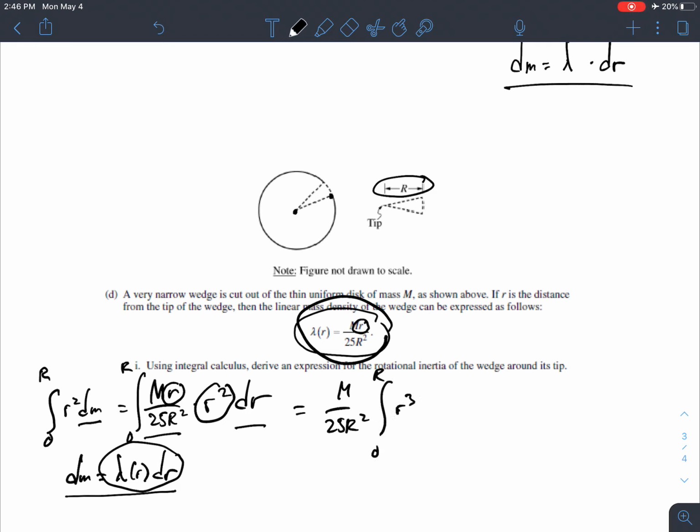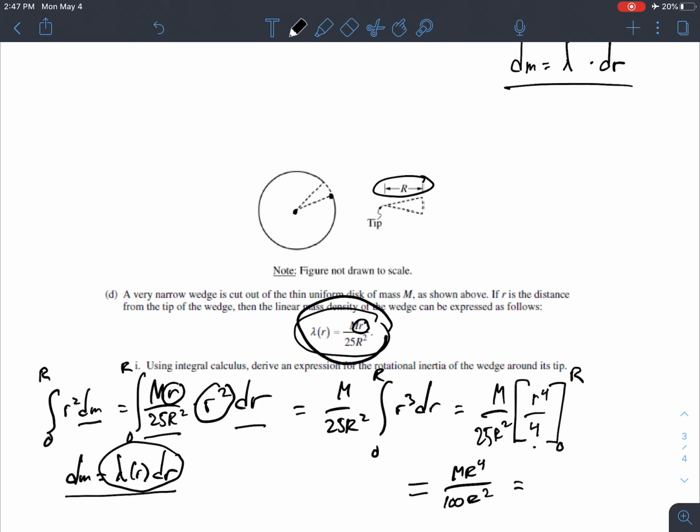So now I have the integral from 0 to R of r cubed dr. When I find the antiderivative of that, it is r to the 4th over 4 from 0 to R. Plugging in the R, I get big R to the 4th over 4 times 25 is 100, R squared, and some R's cancel out. So it looks like I have M R squared over 100.